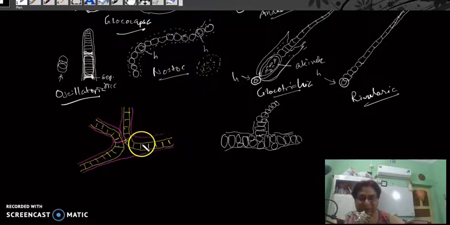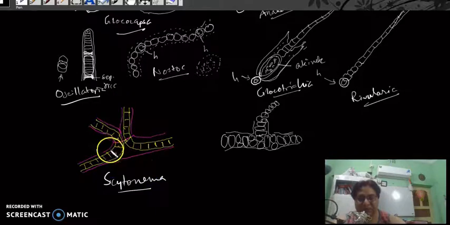And then let us come to the branched filamentous organisms, species of Cyanophyceae. This is Scytonema. It exhibits false branching. As you can see, two filaments, two trichomes in fact, have entered a common sheath, within which they have come together.